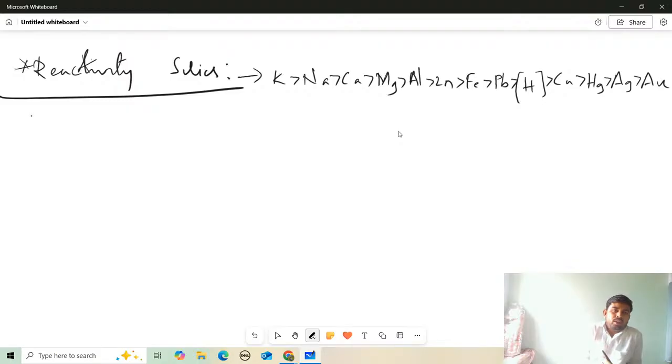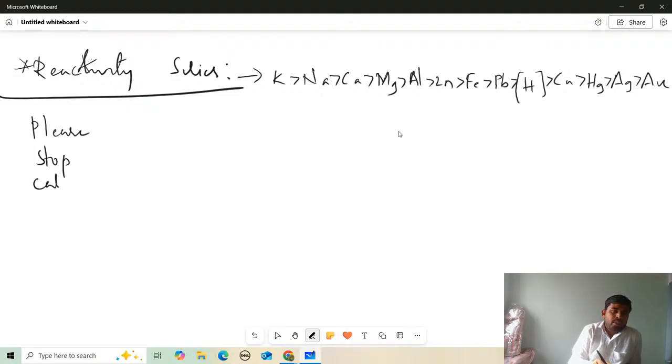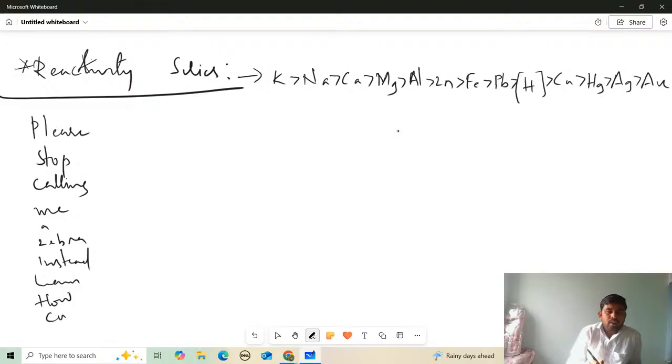So how to remember this? We have a mnemonic: Please stop calling me a zebra, instead learn how copper mercury saves gold.